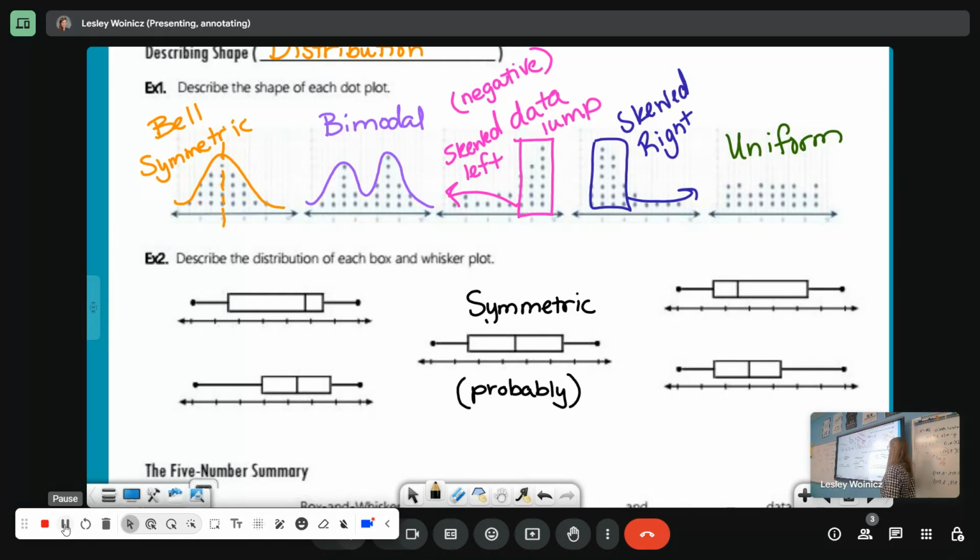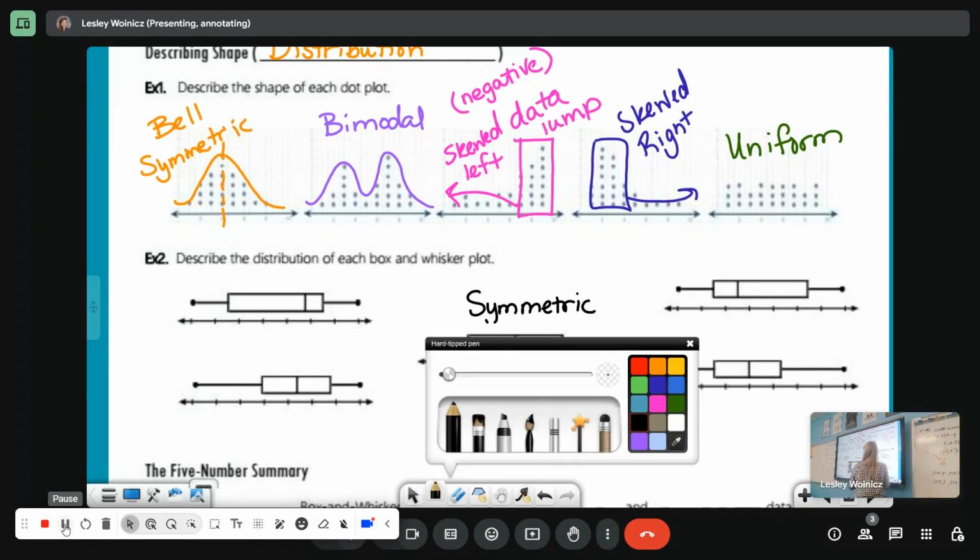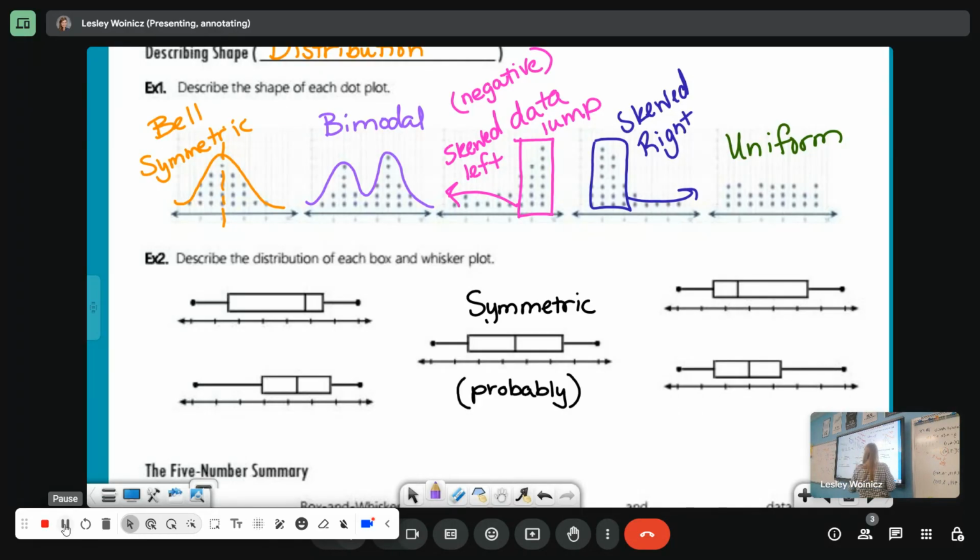All right, for the skew, it's a little bit easier to say whether something is skew or not. Now, do you guys remember about box and whisker plots that this number right here is the center? Actually, I'm going to label along this one because we've already talked about it. So this right here is the center. Okay, it's also known as the quartile 2, second quartile.